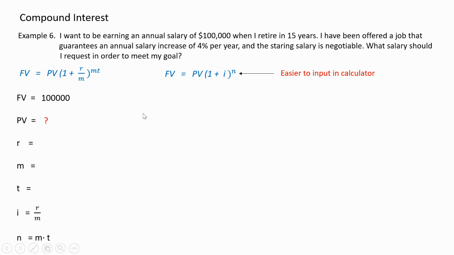The interest rate will be 4%, so it'll be 0.04, compounded annually, so M is 1. The time is going to be 15. My I, which is R divided by M, will be 0.04 divided by 1, which is just 0.04. And the N is M times T, which is 1 times 15, just 15.